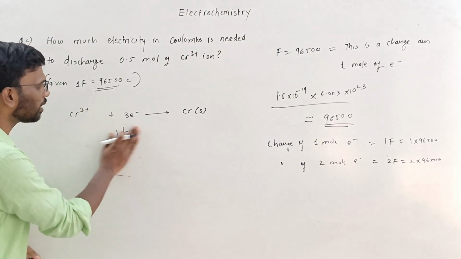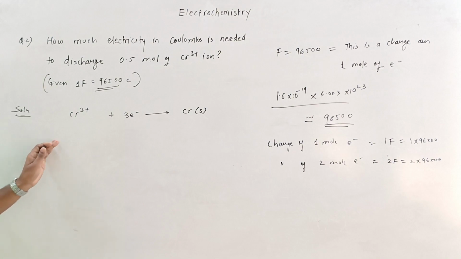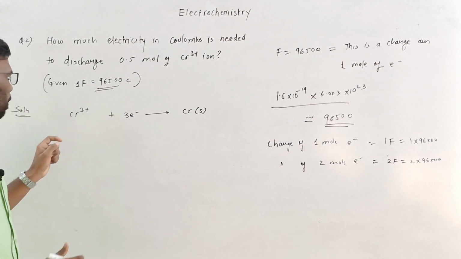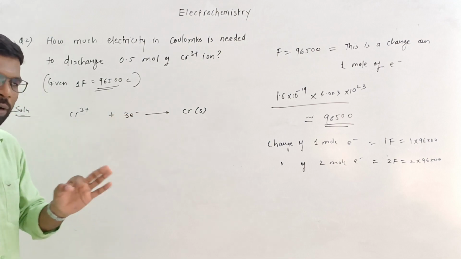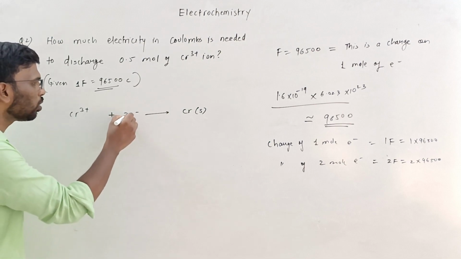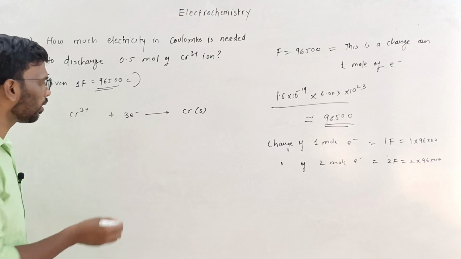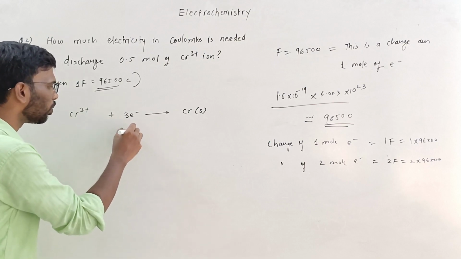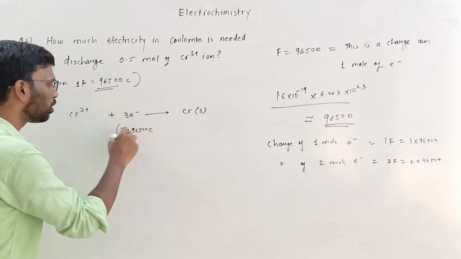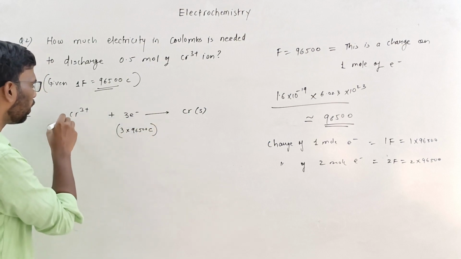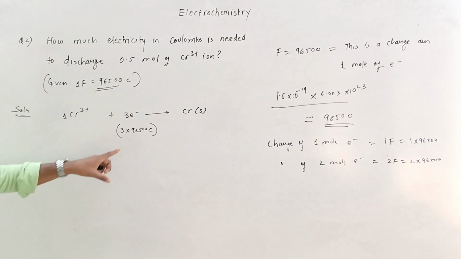So the question is asked that way. Chromium 3 plus, the standard reaction is this. Means what is this over here? This is the stoichiometric coefficient which represents 3 moles, right? So 3 moles of electron is what? 3 into 96500 coulomb. The charge required for deposition of 1 mole of chromium is 3 into 96500.